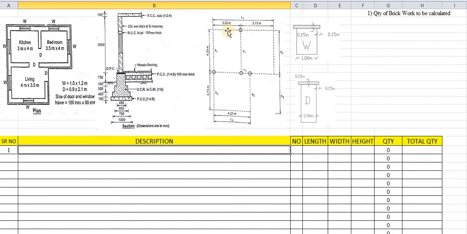Here this length is continuous, therefore we are taking this as the long wall: 3.23 plus 3.73, these are the two lines which are continuous. We could take the other also as the long wall, but there is a division of those walls. There is only one complete length there, but along the horizontal direction there are two complete lengths.